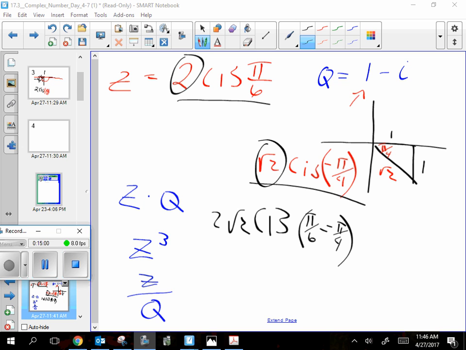Let's make it twelfths. So this will be 2/12, and this one will be 3/12. 2 minus the 3 makes negative 1/12. This is 2 root 2 cis negative 1/12 pi, or negative pi over 12. And I think it's negative, isn't it?